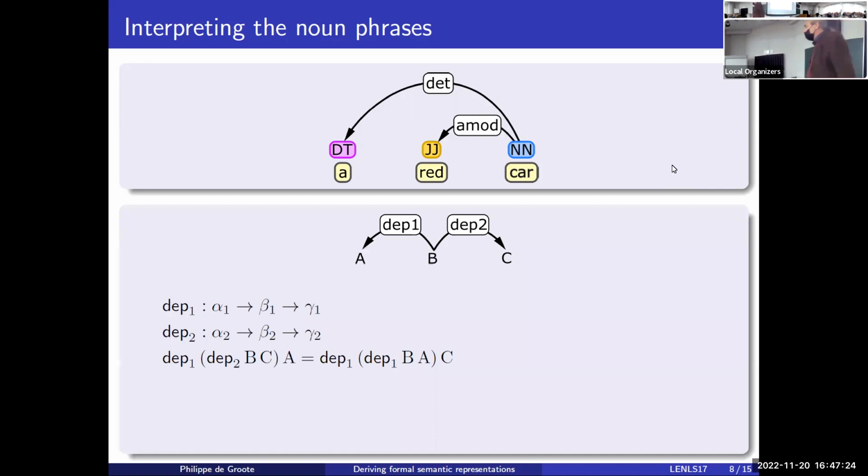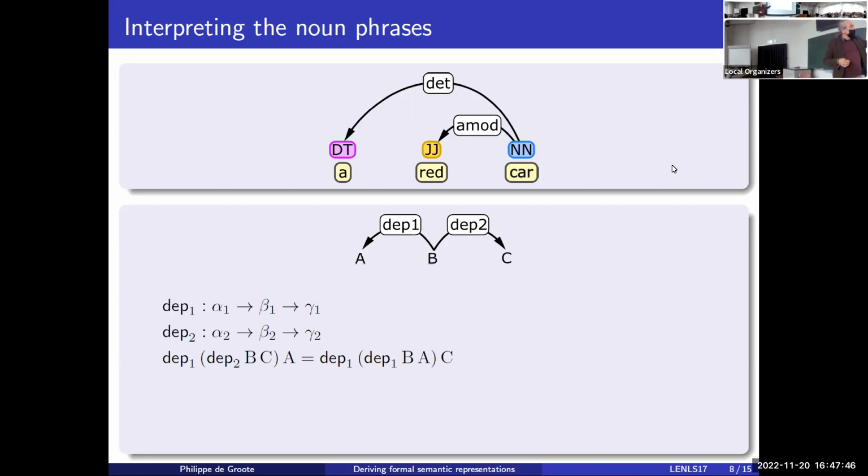In general, when you have more than one dependency, say the type of the first dependency is alpha 1 arrow beta 1 arrow gamma 1, and alpha 2, beta 2, gamma 2 for the second dependency.